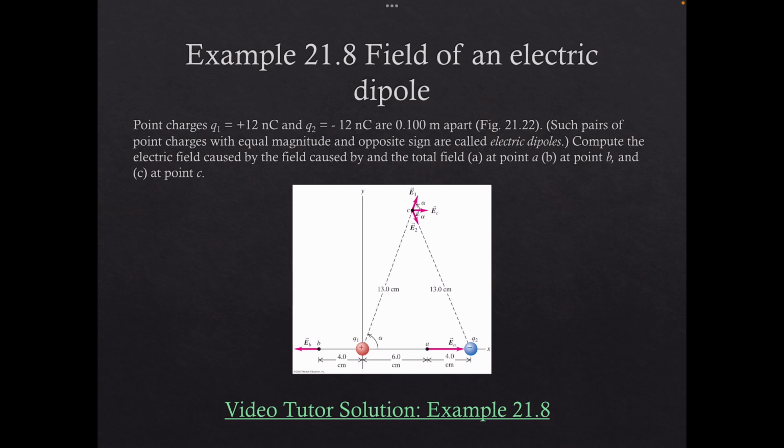So that is just one of the characteristics of a dipole, that they create an electric field that is anisotropic, meaning it points in one direction.